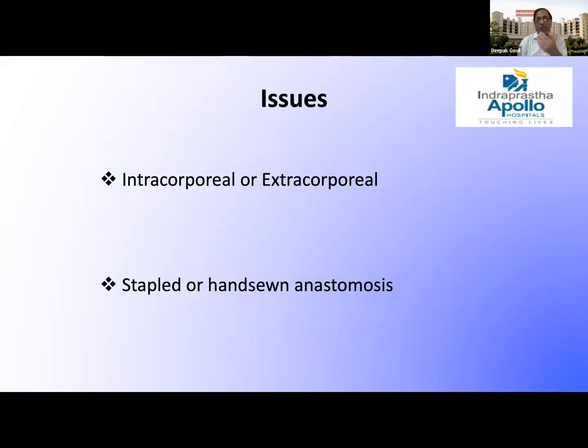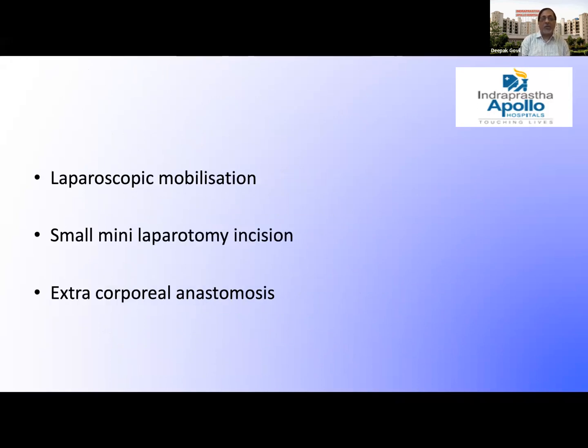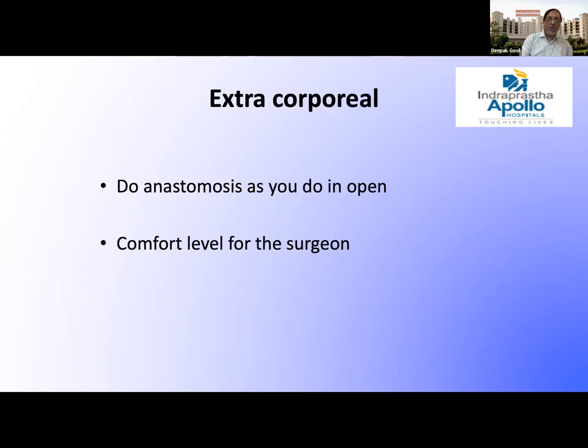Then there are certain issues which I would like to add a little on: whether you should be doing an intracorporeal or an extracorporeal anastomosis, or a stapled or a hand-sewn anastomosis. In fact, these will be mainly covered by the other speakers who will be speaking on the surgical procedure. But usually with an extracorporeal anastomosis, you do the anastomosis as you do in open surgery, and the comfort level of the surgeon is higher, especially in the initial phase, so you prefer to do an extracorporeal anastomosis.